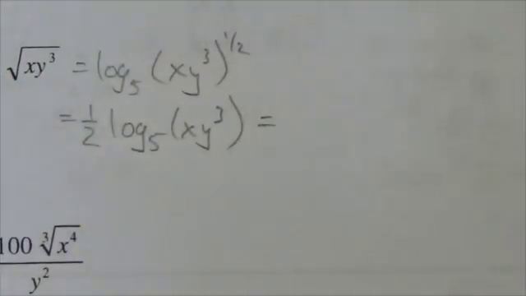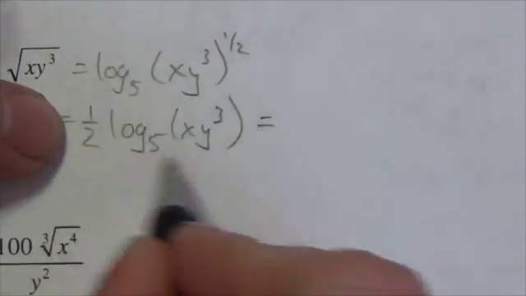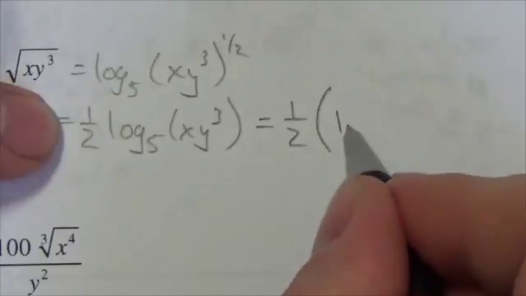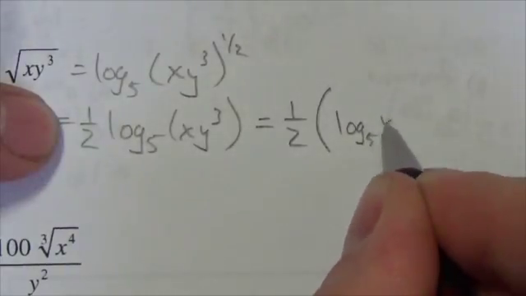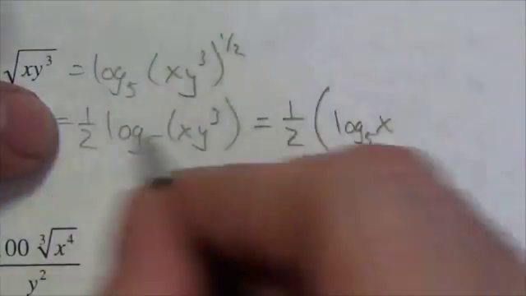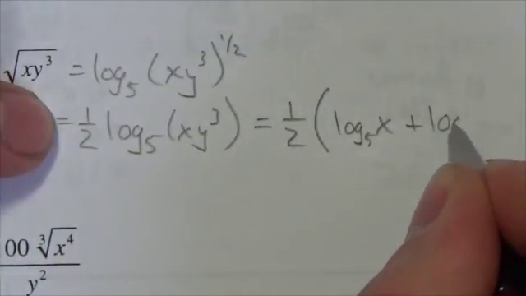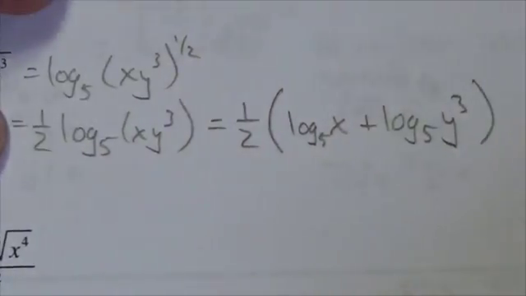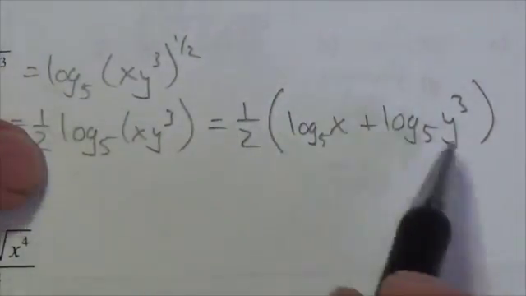However, that 1/2 is being multiplied by this whole thing right now. So when I split that up, I got to split that up within a set of parentheses so that both parts of it are still being multiplied by 1/2, just like they are out here. So this becomes the log base 5 of x plus the log base 5 of y cubed. So that 1/2 stays outside of this whole thing.